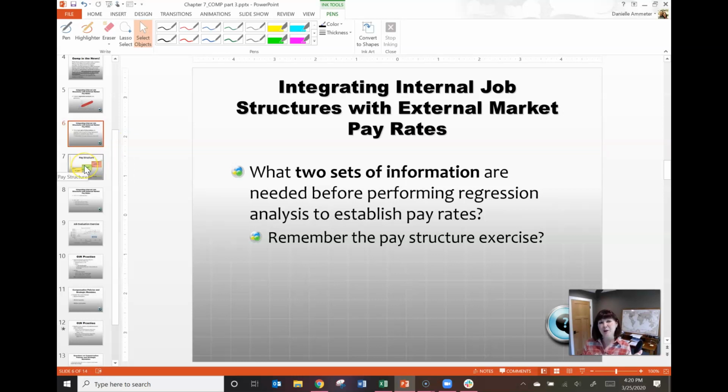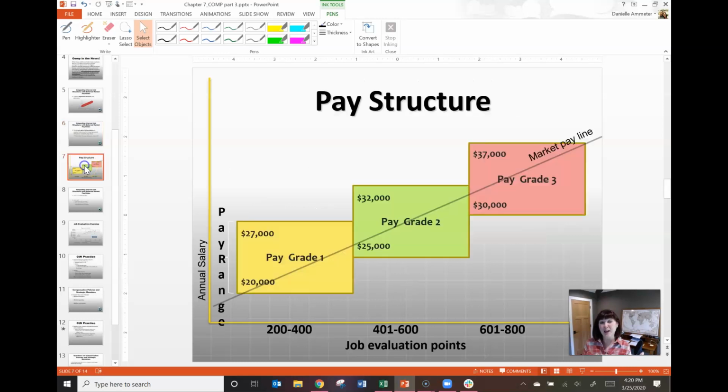Let's go back to when we did that pay structure exercise, when you all looked at different pay grades and pay ranges, and you got to see how the whole pay structure fit together. So what did we look at? We need our job evaluation points, internal consistency, our own internal job structure, the hierarchy within the organization. That's what we're looking at on our x-axis.